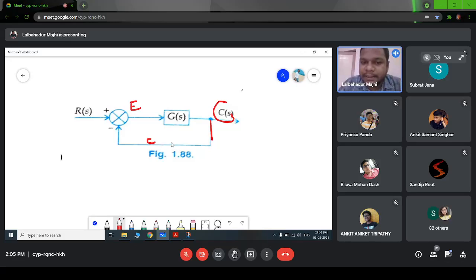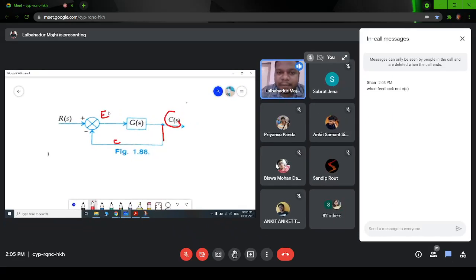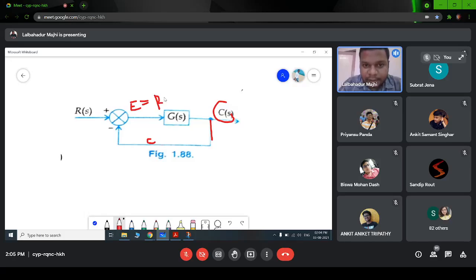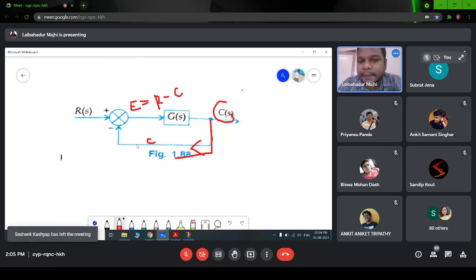It is a unity feedback system, but the E will not be equal to R minus 1. It will be R minus C. The error signal will be R(s) minus C(s), because it's a takeoff point. So from the takeoff point, the signal C(s) will flow in this direction. Clear? This will be the error signal.